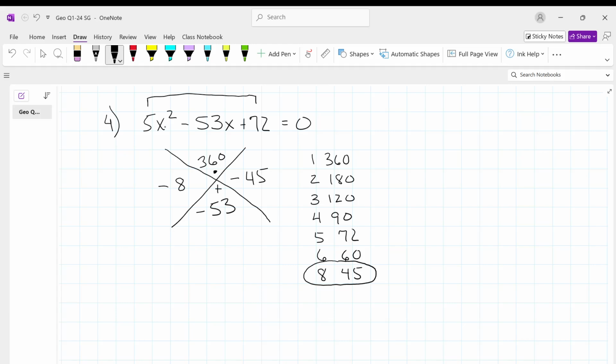All right, so our next step is to start dropping down. So we get a 5x squared minus 8x minus 45x plus 72. And then we're grouping. Common factors in 5x squared and 8x would be just x. And then you divide the x back into each term, and we get 5x minus 8.